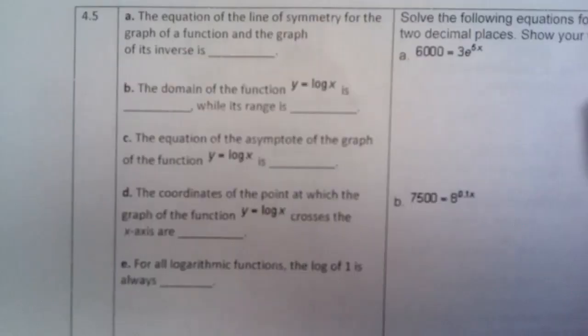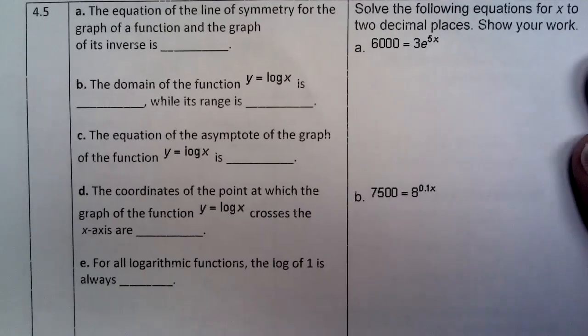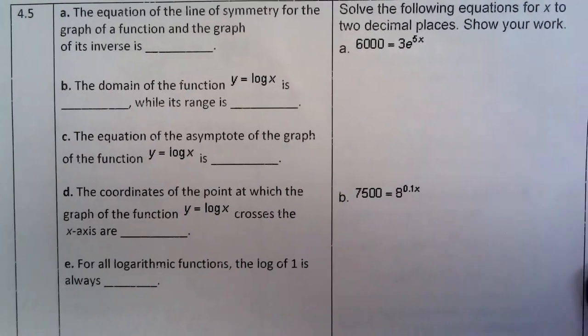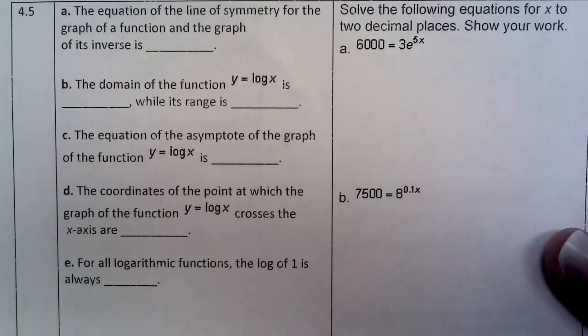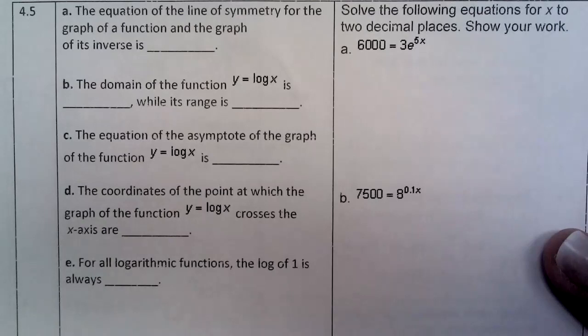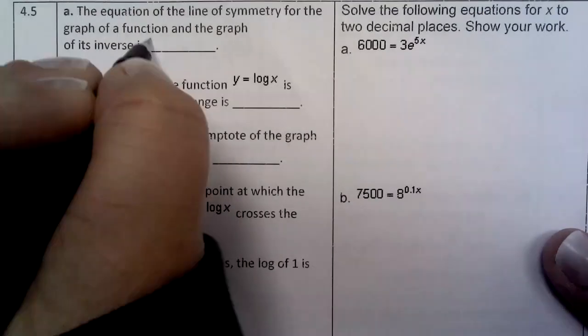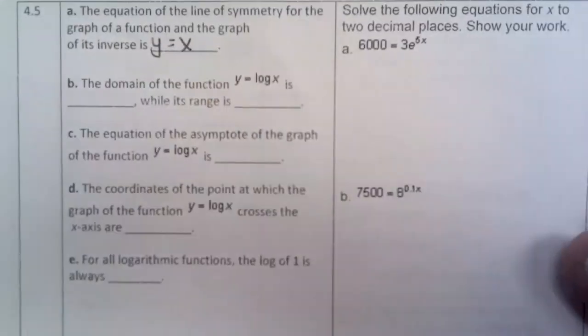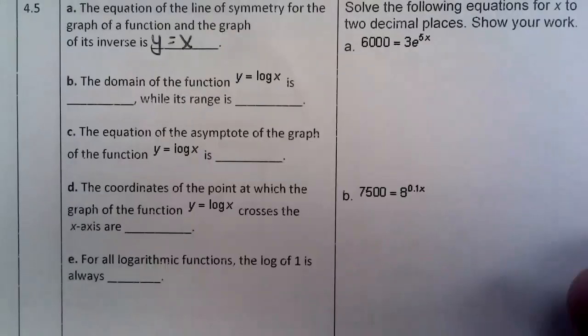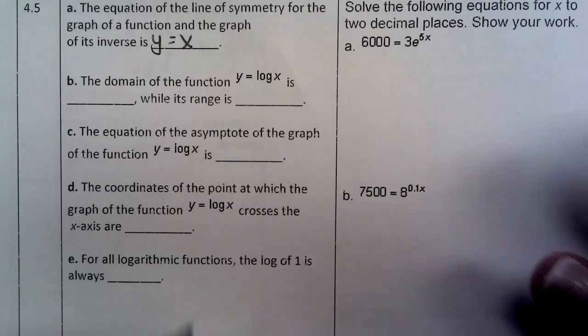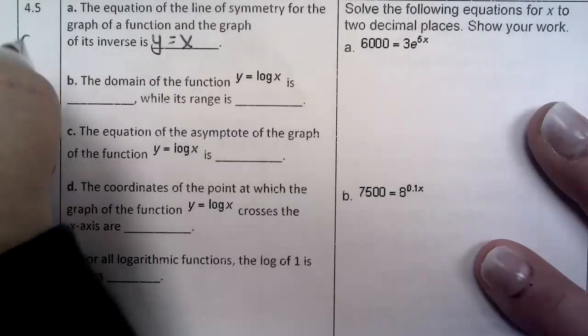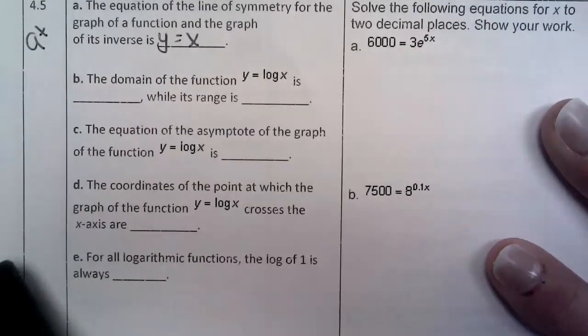So let's talk just a little bit more about logarithms before we get into the actual solving problems. It says the equation of the line of symmetry for the graph of a function and its inverse, remember, it's just y equals x. So let's remember that we started out with an exponential function, a to the x.